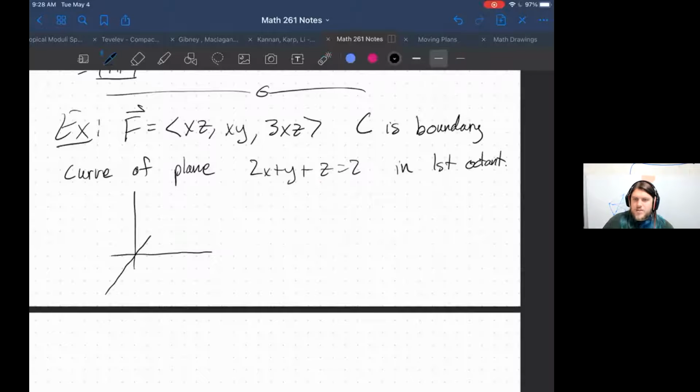And then we're basically going to have a triangle as our boundary curve. So we say that 0, 0, 2 is going to be on our plane. 0, 2, 0 right here is also going to be on our plane. And then 1, 0, 0 is going to be on our plane. Or at least this section of the plane. And then what we can do is draw these lines in the XY, XZ, and YZ planes.